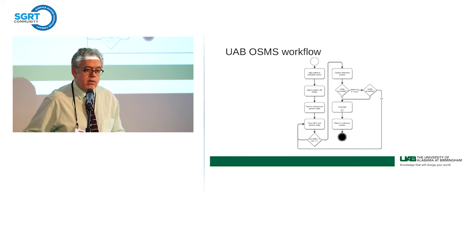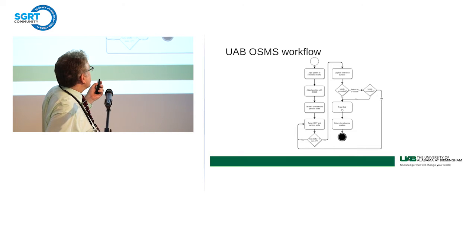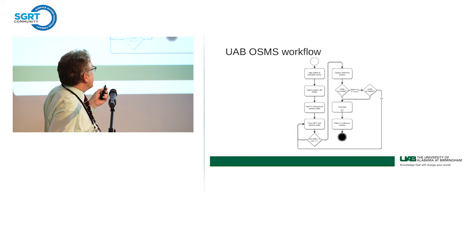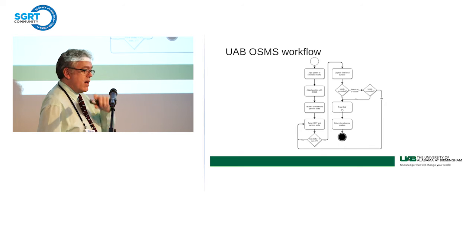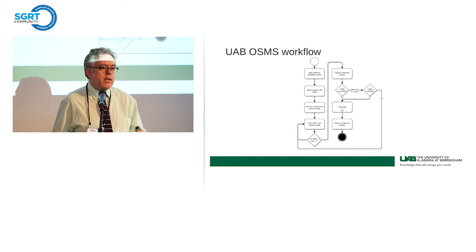So here's our workflow for OSMS. This is to align the patient to the simulation marks, and that's usually pretty fast. And then we adjust the patient position with OSMS, take a kV ortho set, and use real-time, what Varian calls 2D to 3D matching.